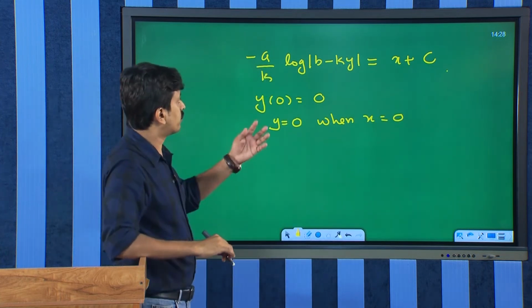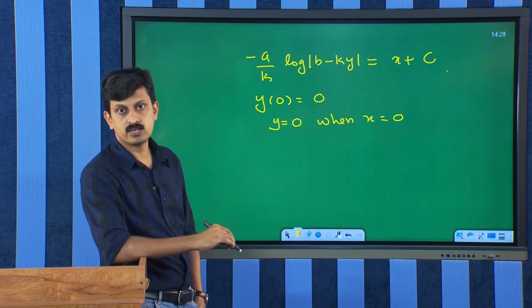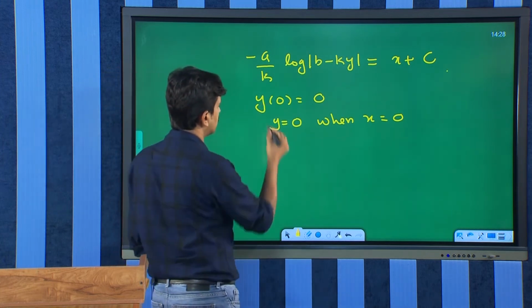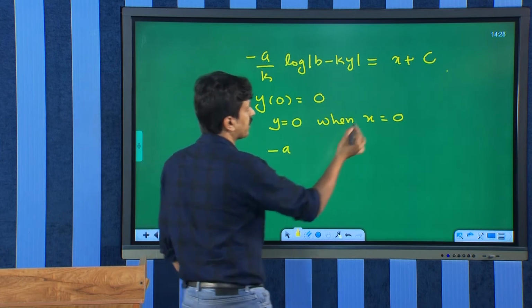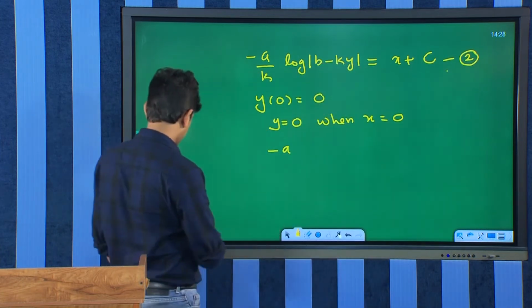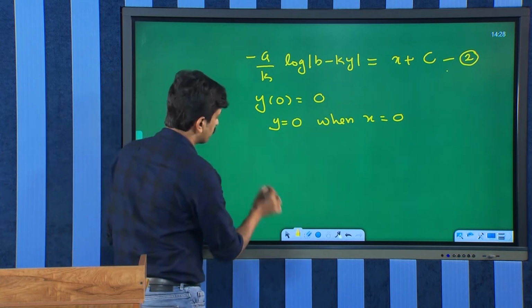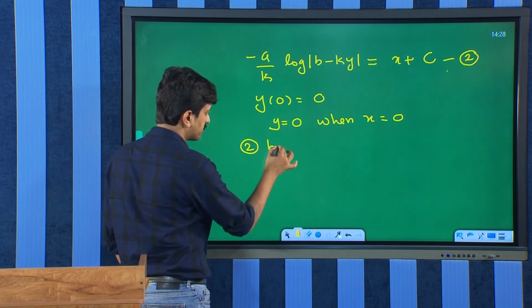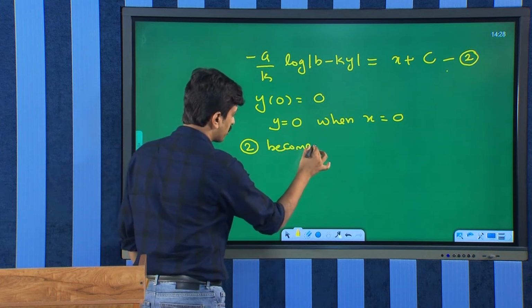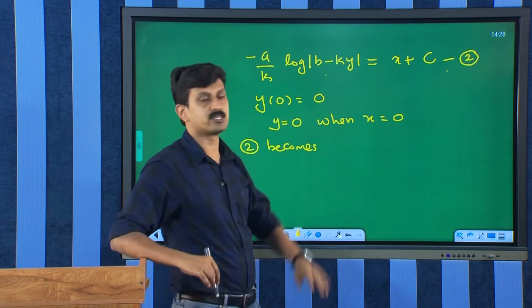Instead of y we apply 0, and instead of x we apply 0. So, we just apply y is equal to 0 and x is equal to 0 in equation number 2.